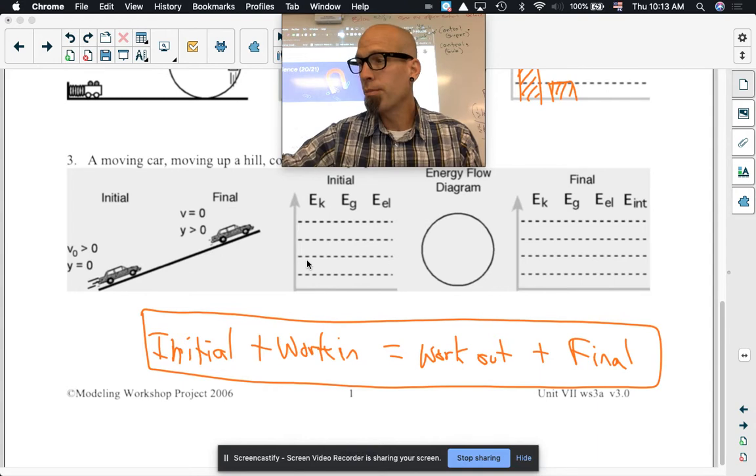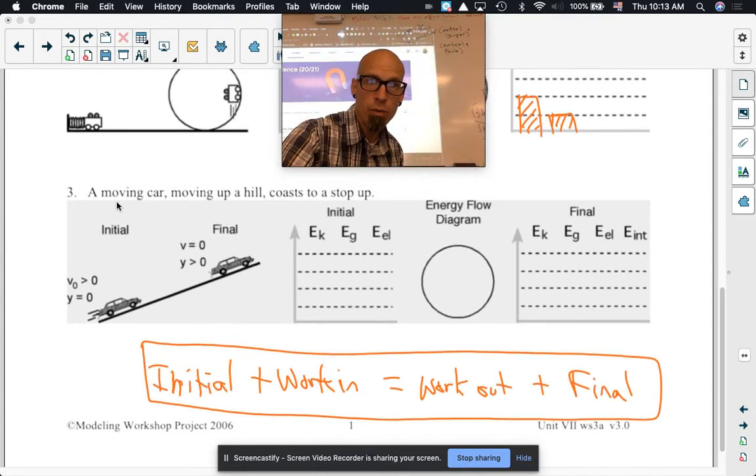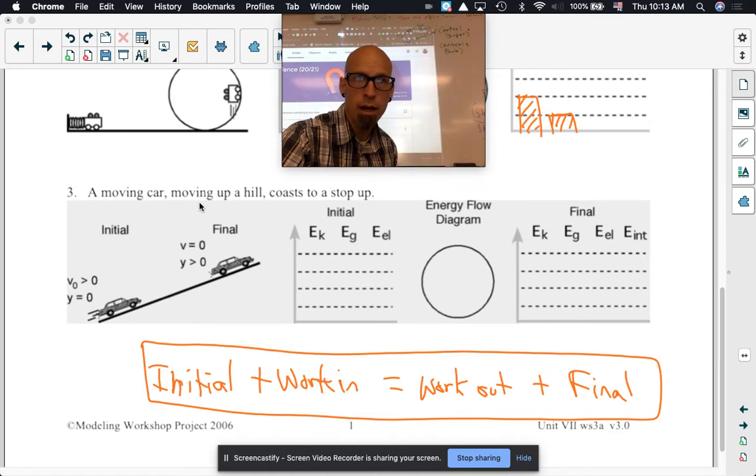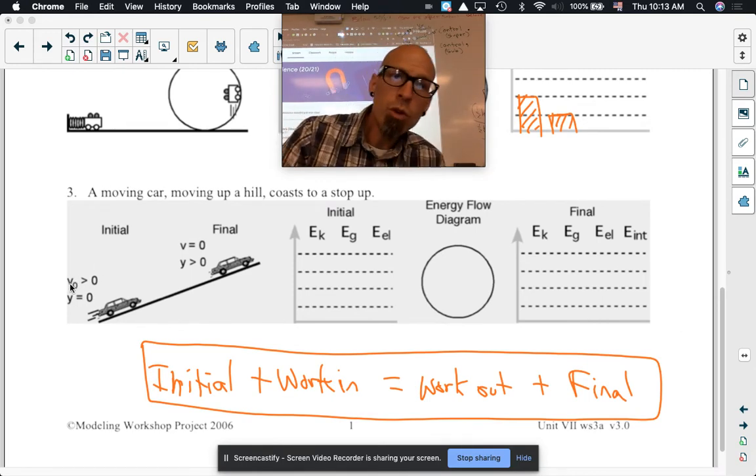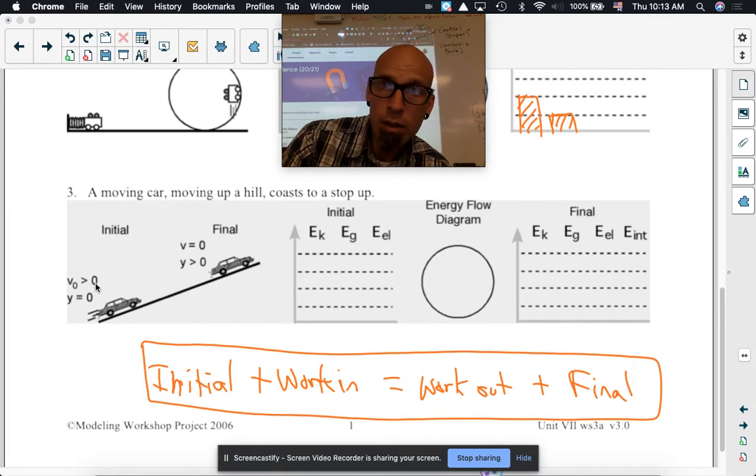So anyway, back to the task at hand. Scenario number 3, we have a car moving up a hill, coasts to a stop higher up on the hill. So at the bottom, what do we have? We have velocity that's bigger than 0. That's what that's telling us. It's moving.